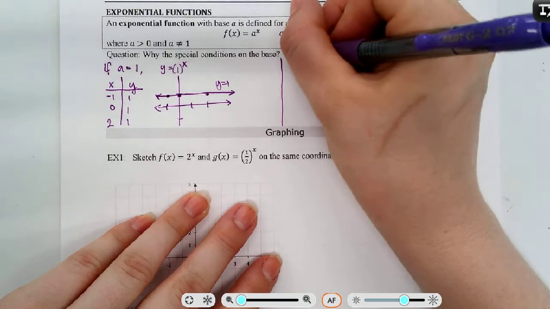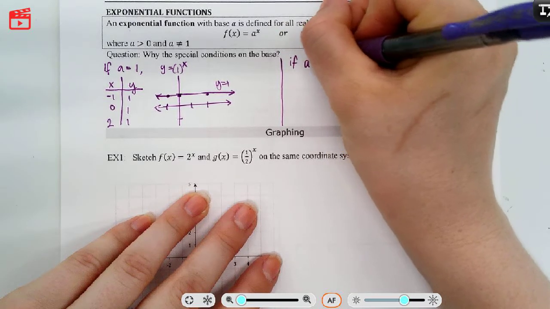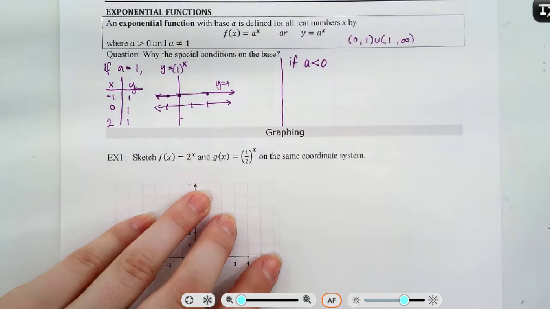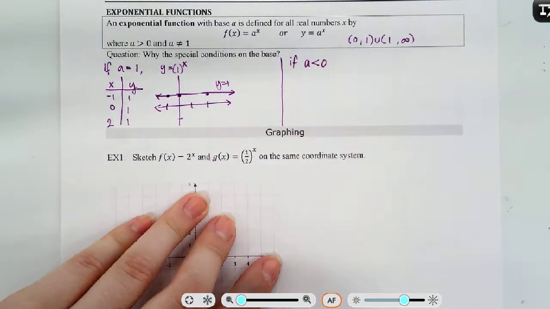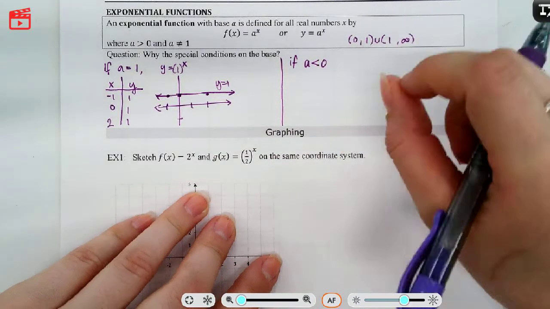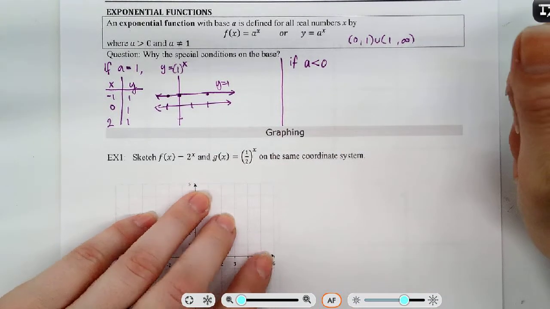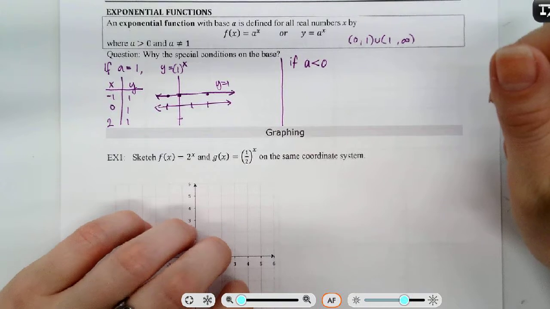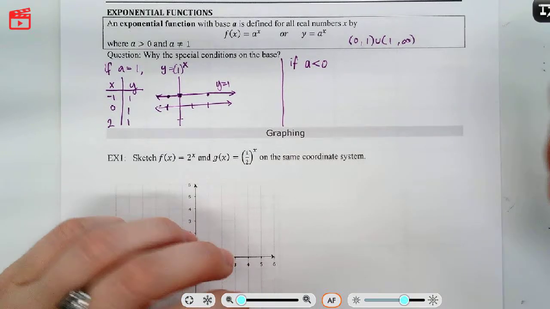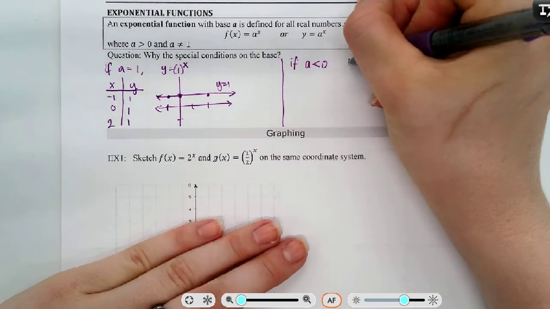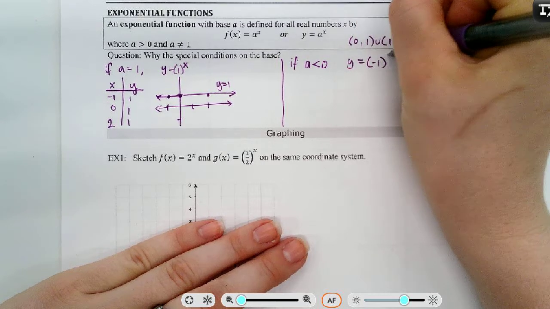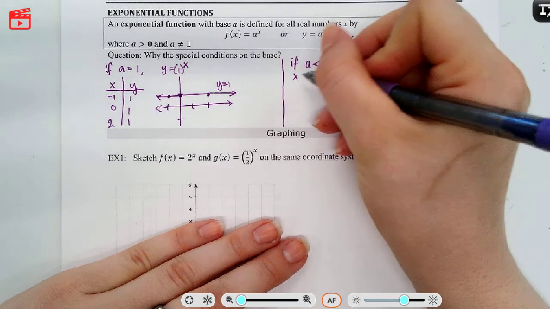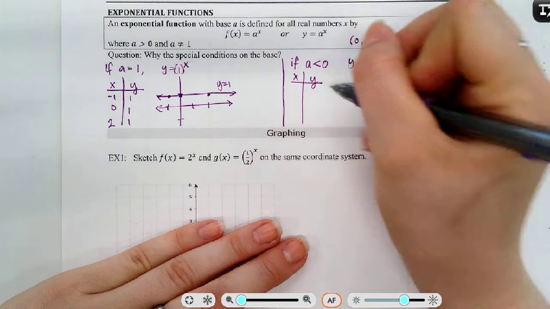All right, so let's look at who else they decided could not be a part of the club. If a is less than 0. So we know a has to be greater than 0. What's wrong with a being smaller than 0? Let's pick a value, how about negative 1? So let's take a look at y equals negative 1 to the x power. Let's do a few points on those.